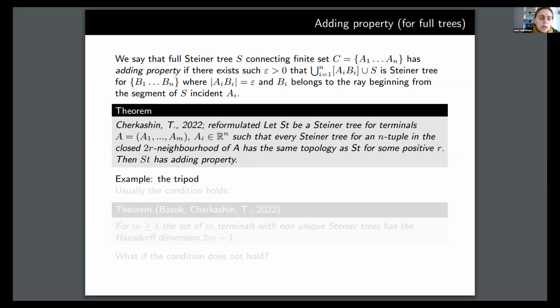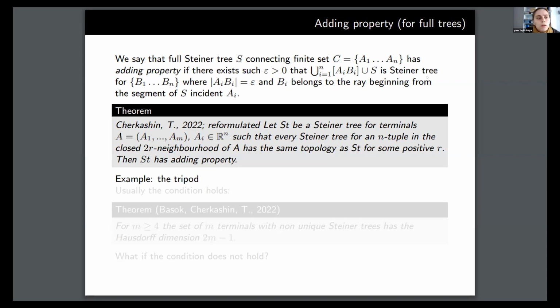And the theorem is that almost all Steiner trees have the adding property. I mean that if the set of vertices of a Steiner tree is such that the Steiner tree is unique, and it is true for all vertices in a neighborhood of the given one, then this is true, and the Steiner tree has the adding property.